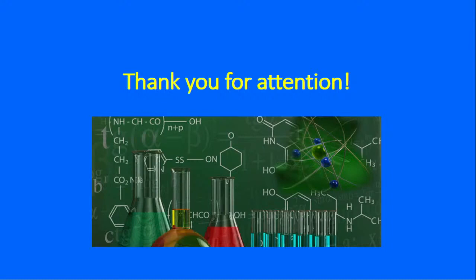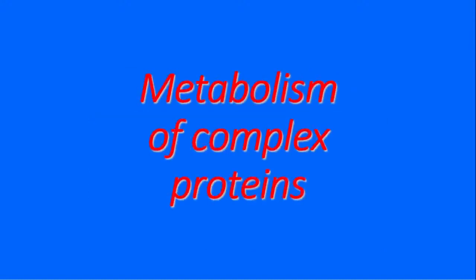I need to remind you what the difference is between simple and complex proteins. So please write the topic of the next lecture, and let's remind the classification of our proteins into simple and complex. We have a little bit more time for this.